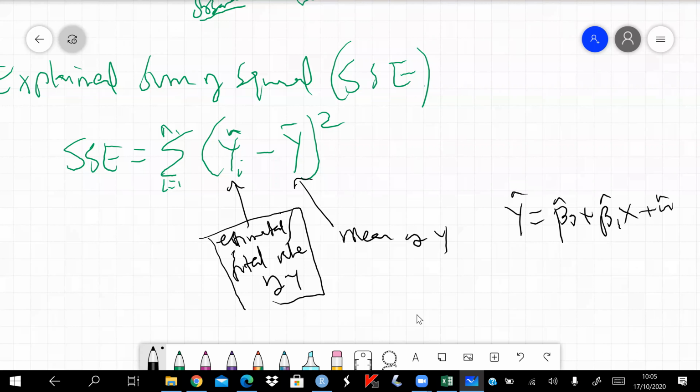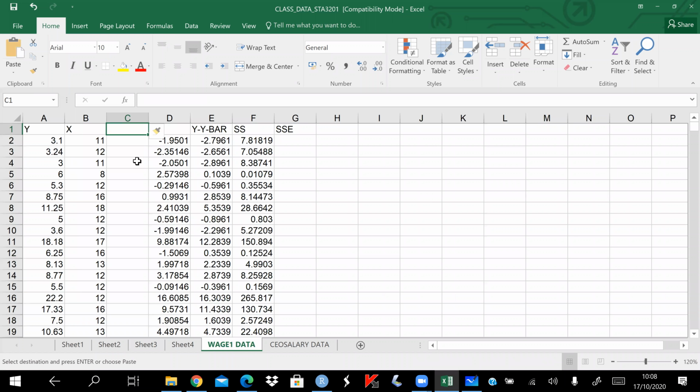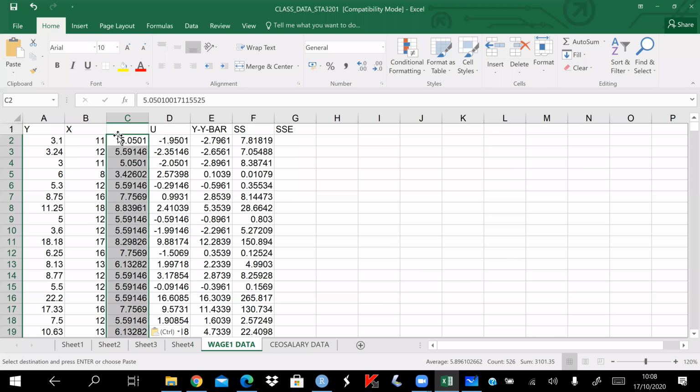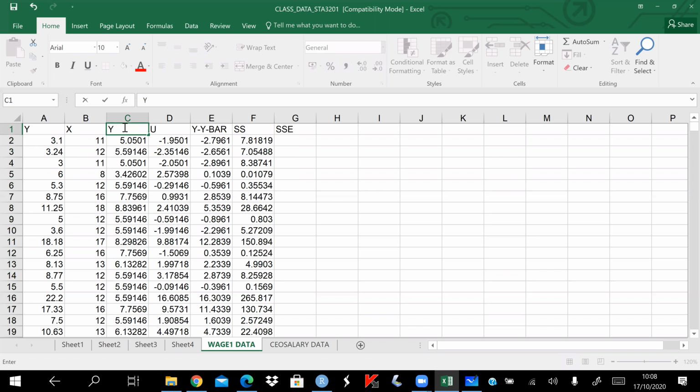These are the predicted y, so I want to copy all these values and bring them here. This is y hat, let me call it like that for simplicity. So now I have my y, I have my y hat, and I know my y bar, so I can just use it from wherever it is.